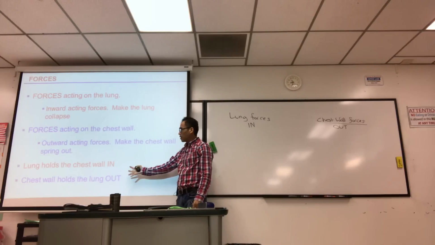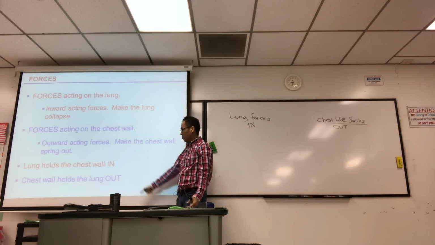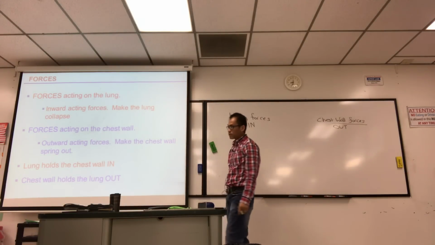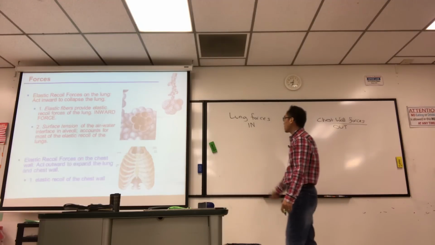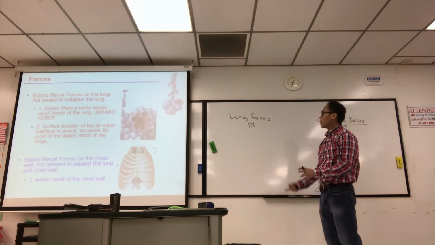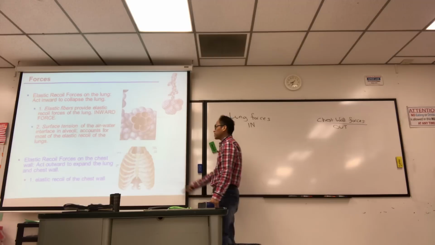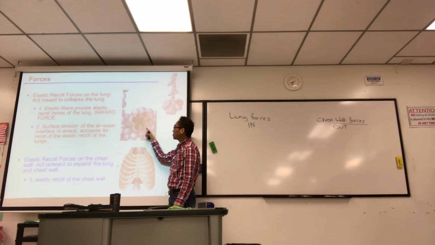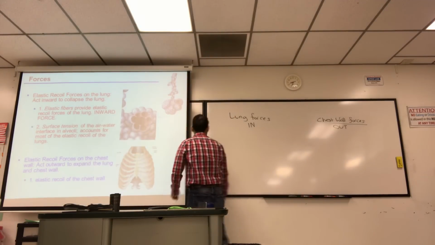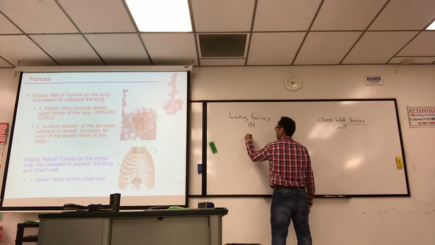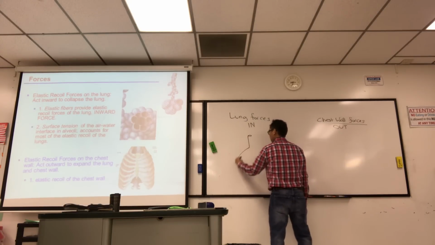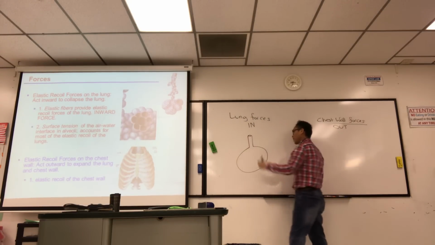So think of it this way. The lung holds the chest wall in, or different way of saying the same thing, the chest wall holds the lung out. They're stuck to each other. And so the forces that make the lung collapse in, you have to think of the anatomy that I've been talking about. There's a lot of elastic tissue surrounding these round spaces. So again, remember I drew the alveolar space like that.